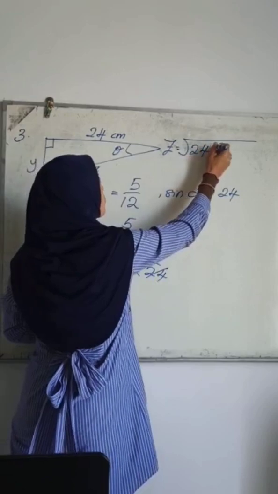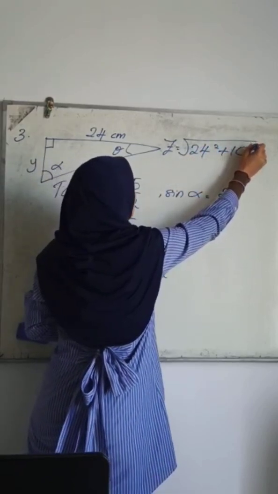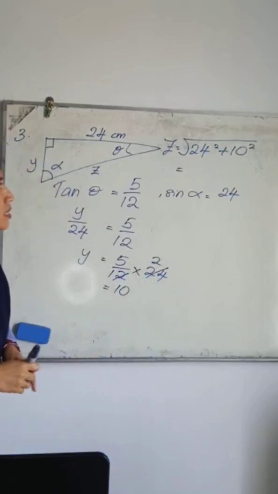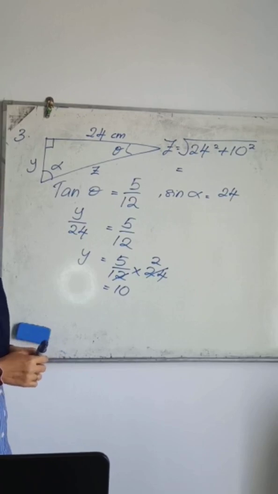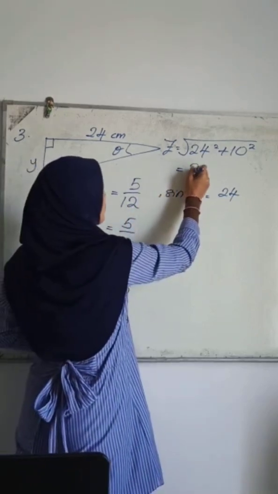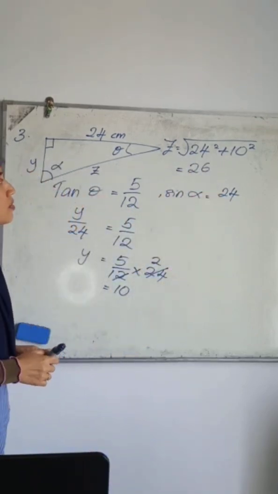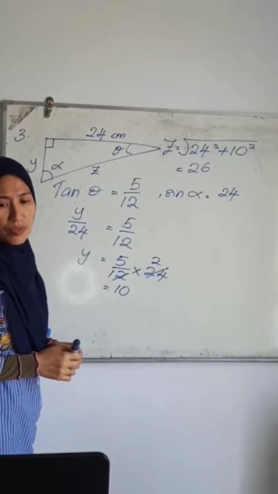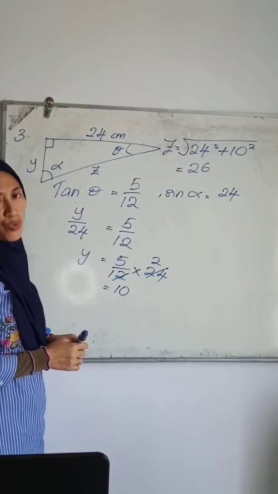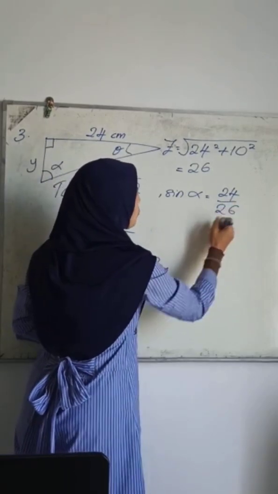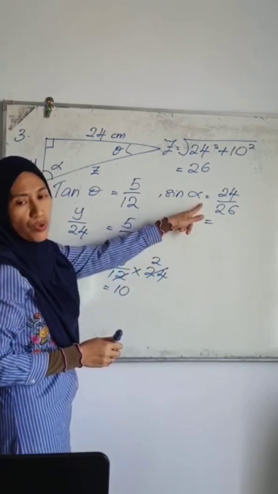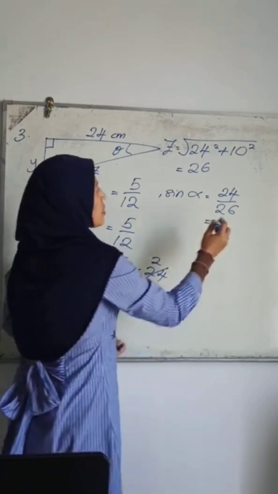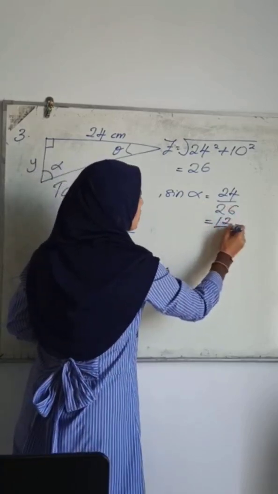You can press your calculator and you will get the answer, which is 26. So sine alpha is equal to 24 per 26. You have to simplify: 24 divided by 2, 26 divided by 2. So 12 per 13.